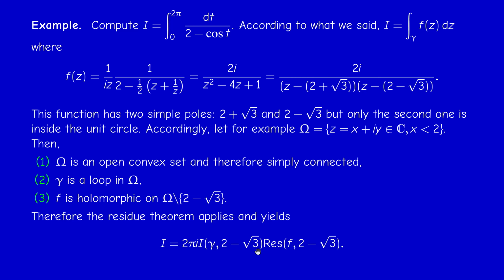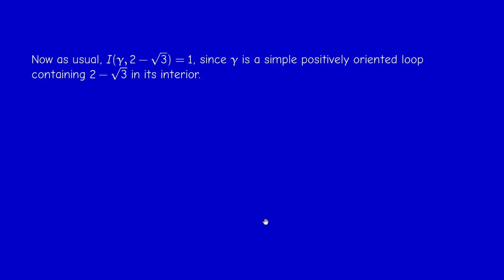So the residue theorem tells me that it's 2 pi i times the index of gamma with respect to 2 minus radical 3, the singularity inside, times the residue. Okay, this is the residue theorem. And once again, the index here is 1 because it's a simple loop positively oriented, containing the singularity inside.